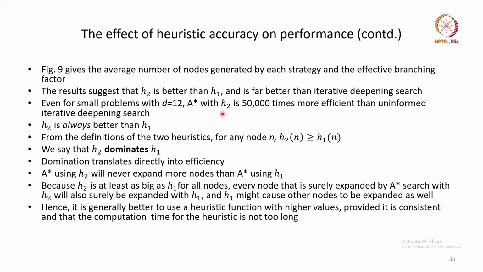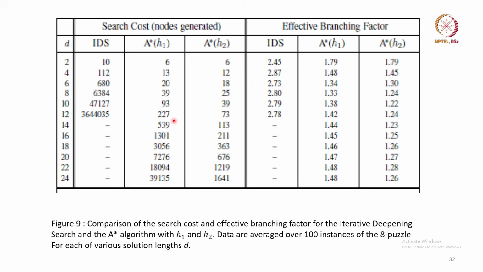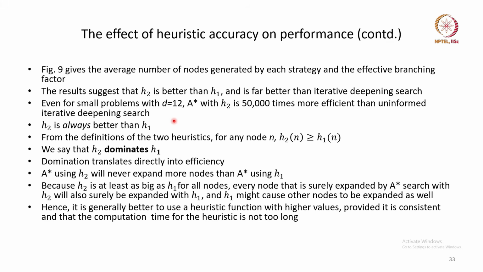Okay. So, what happens is that even for small problems with D equal to 12, A star with H2 is 50,000 times more efficient than uninformed iterative deepening, and H2 is always better than H1 if we look at this particular experiment which was carried out. So, what can we say about this?